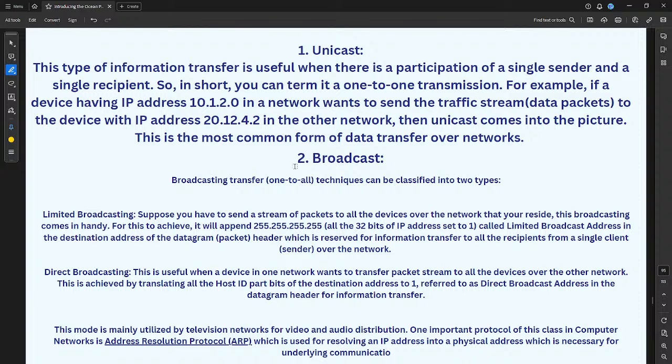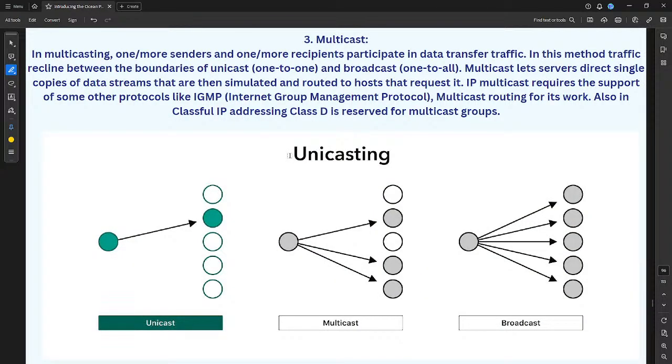So we talked about a broadcast. There's also what is known as a unicast. Unicast is simply a type of information transfer where there's the participation of a single sender and a single recipient. That is basically what a unicast form of connection is. So we can see here a unicast, which is like a point to point.